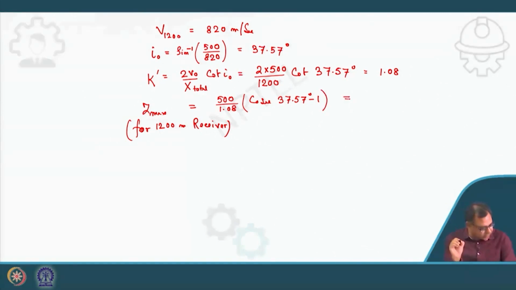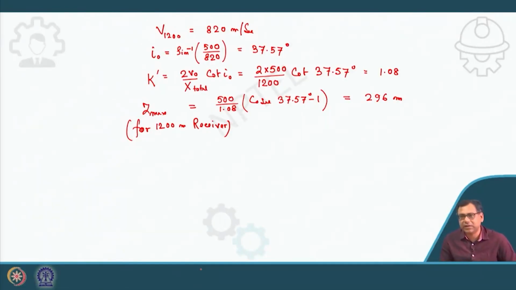So this is equal to 296 meter. So we have two K dash values now, 1.13 and 1.08. So the actual K dash will be the average of these two.